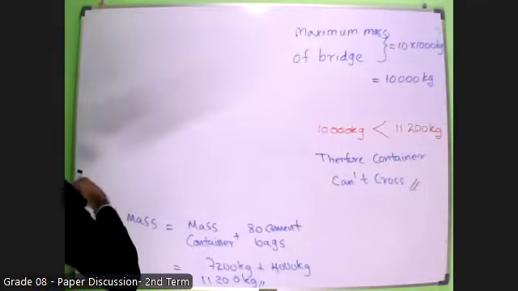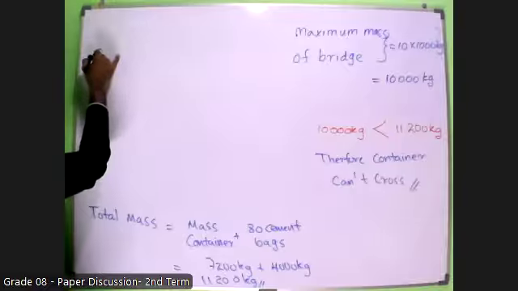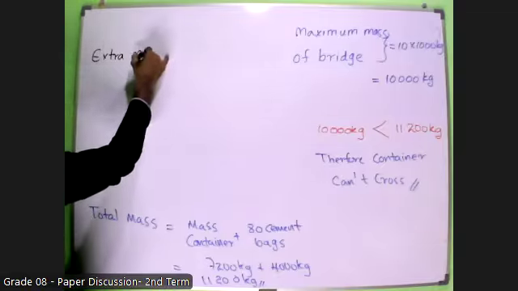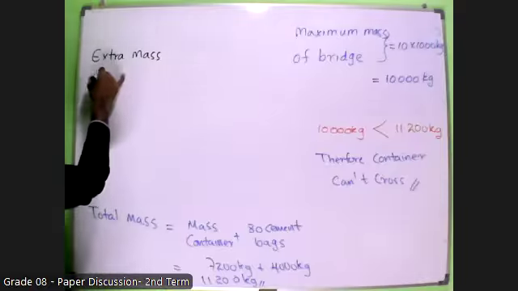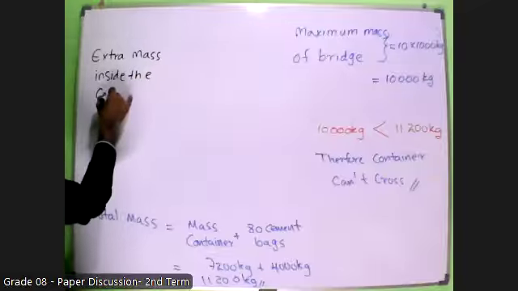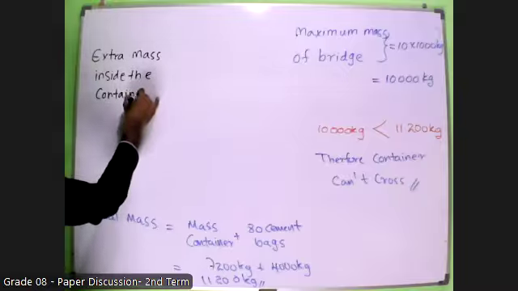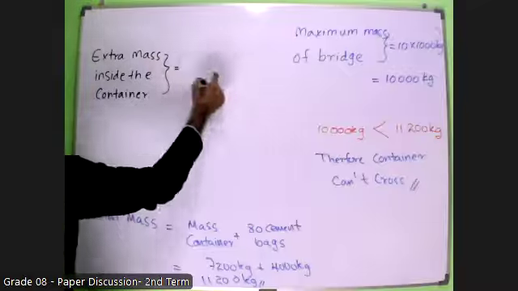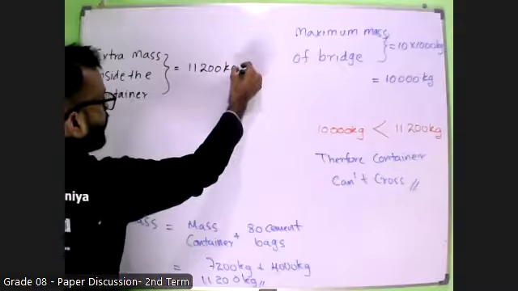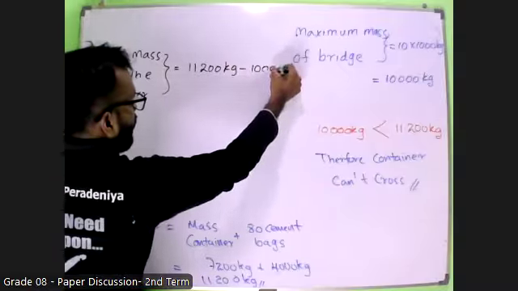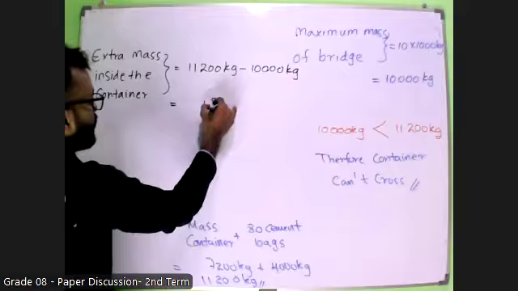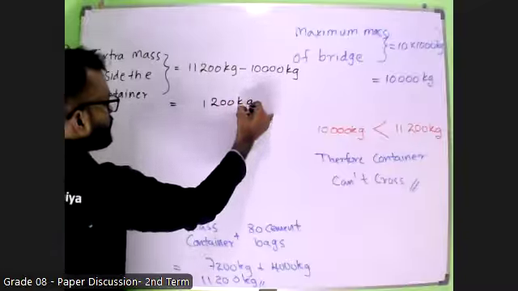I will write extra mass inside the container. How to find the extra mass? 11,200 kilograms minus 10,000 kilograms, so I will have 1,200 kilograms extra.